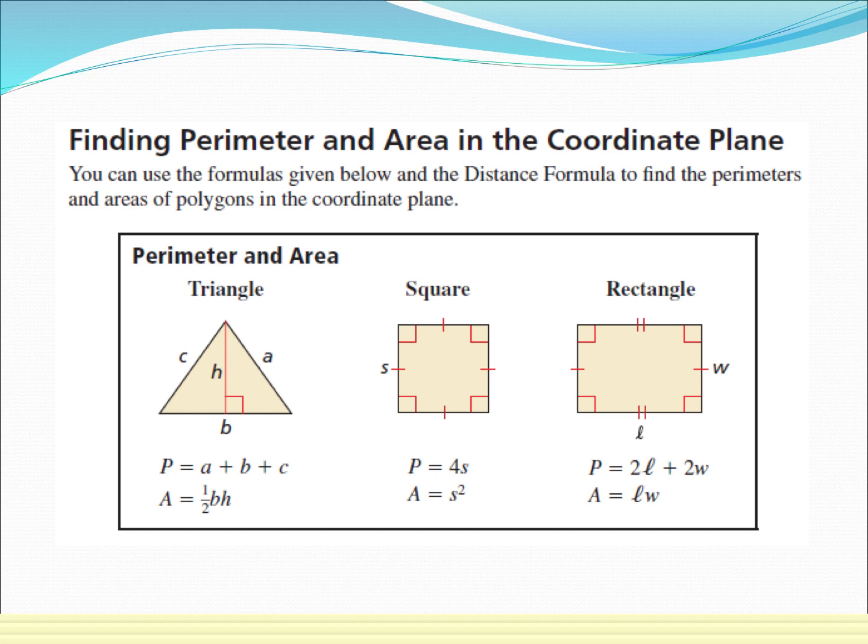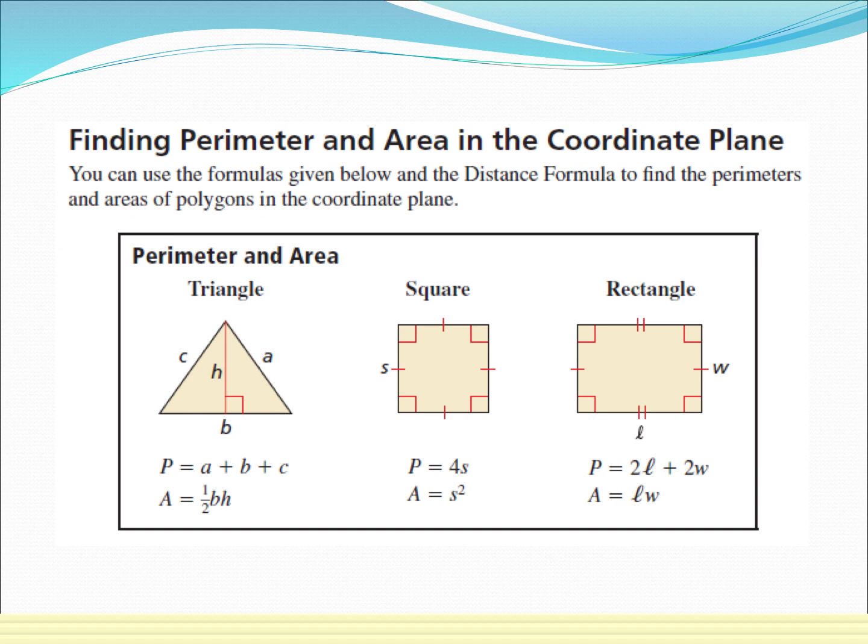If not, you could also subtract the coordinates. So you need to be familiar with the formulas for perimeter and area for triangles, squares, and rectangles. You've probably seen these formulas repeatedly throughout elementary school and middle school, and probably in your Algebra 1 course. So when you find perimeter of any shape, all you're doing is adding up all the side lengths.